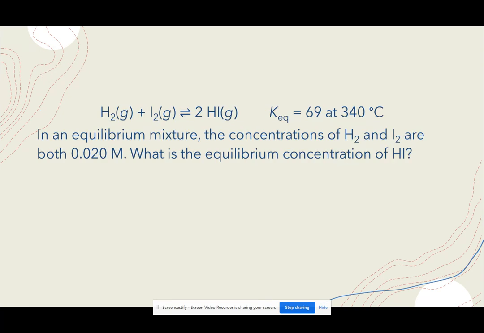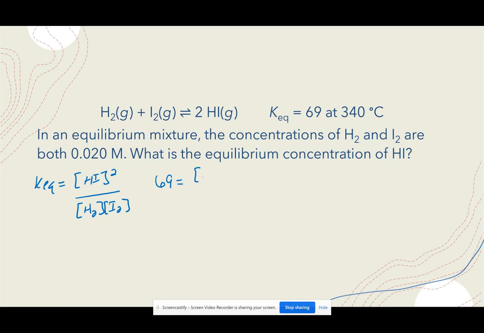And then just one more example. So KEQ is going to be concentration of HI squared over H2 times I2. So always start with writing your equilibrium expression. My KEQ here is 69.